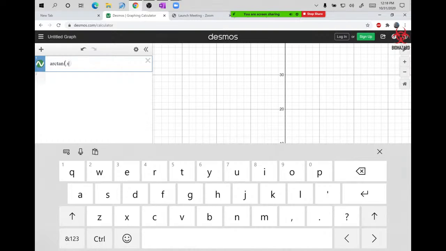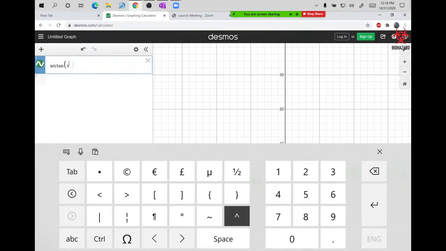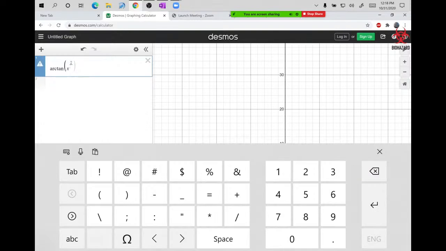So x squared divided by, is there a square root symbol here? No. 3 to the 0.5. Wait, what happened here?